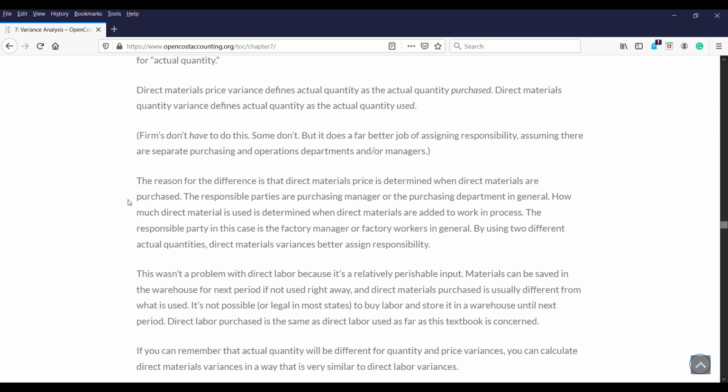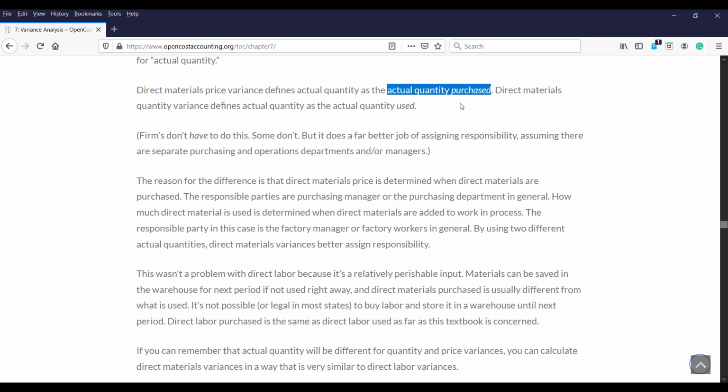You don't want your managers to be able to point the fingers at each other and say, no, it was the purchasing manager's fault that my actual quantity is so high. And so when we're talking about quantity variance, we're going to use the actual quantity used so that we can pinpoint how much of the responsibility is on the production manager who oversees the factory and how the factory floor works. And when we're talking about price variance, we're going to use actual quantity purchased because we want to assign responsibility for what was done by the purchasing manager.